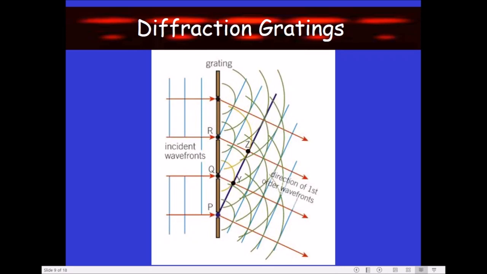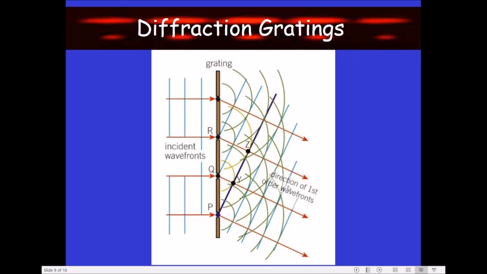And if we imagine that we're looking towards the grating from the right hand side, we know that we will get constructive interference if the path difference between one source and another is an integer number of wavelengths. So imagine looking along this direction that's labelled direction of first order wavefronts.